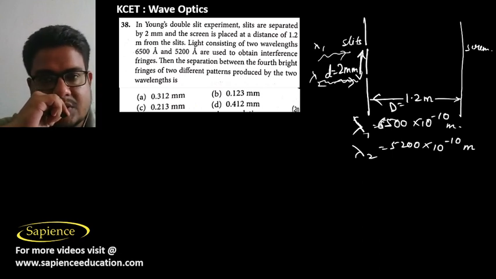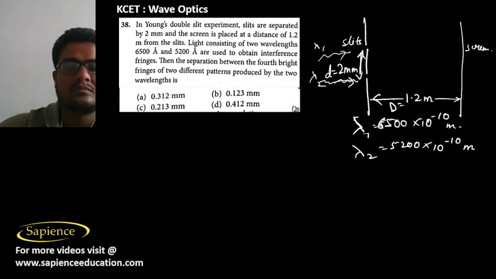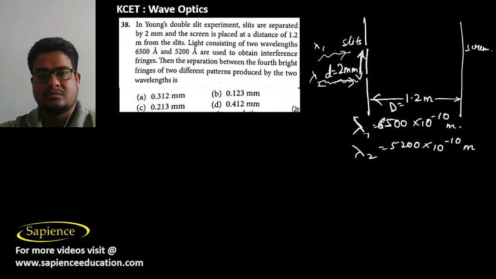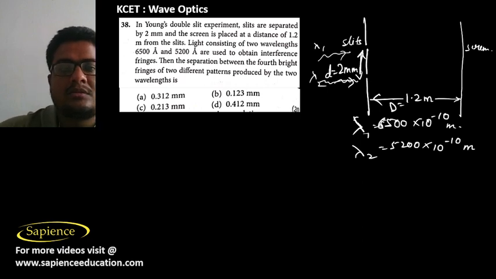They are used to obtain interference fringes, and we need the separation between the fourth bright fringes of the two different patterns produced by the two wavelengths.